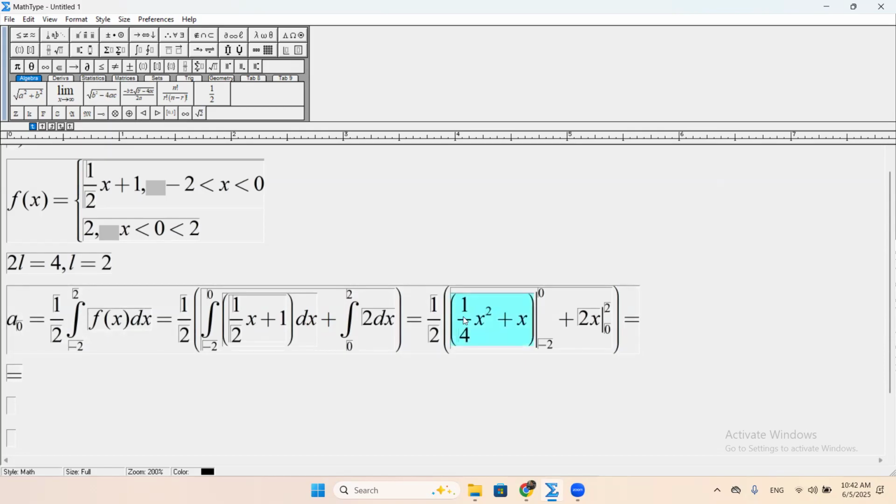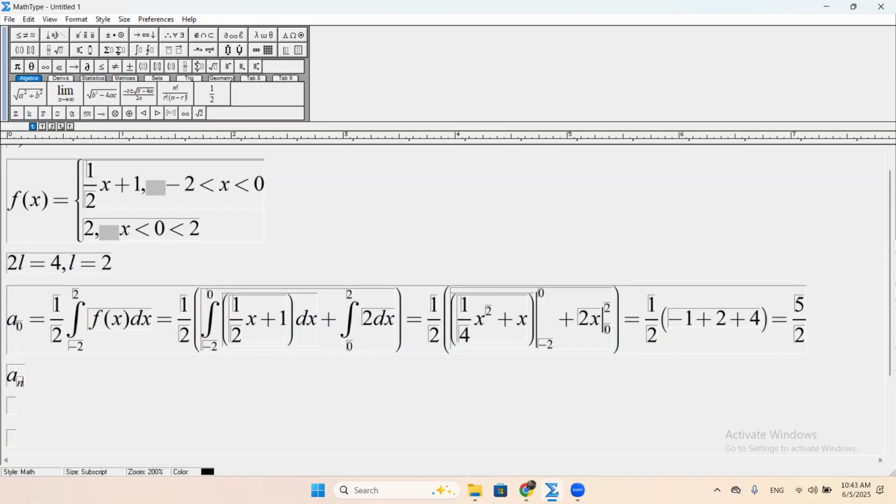If I substitute 0 here, I will receive 0. If I substitute minus 2, here 4 over 4, so I have a 1. By the way, sorry, minus 1, because I'm subtracting the lower limit. So minus 1 plus 2, and here will be 4, so plus 4. So I receive 5 over 2. So we received A0.